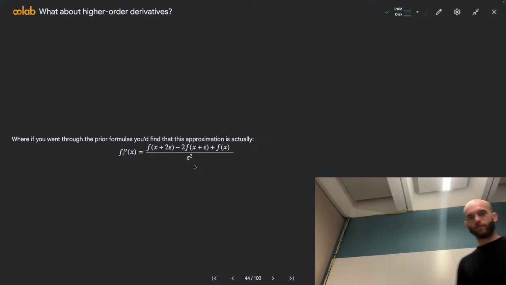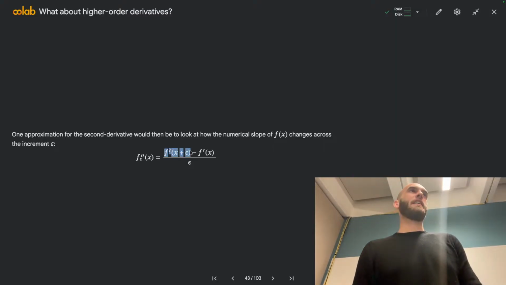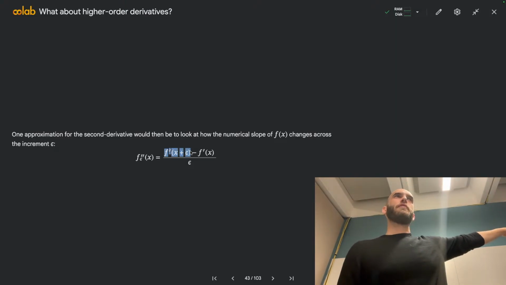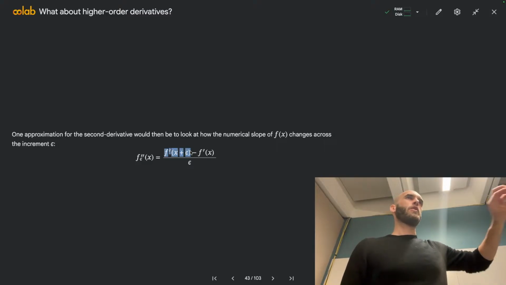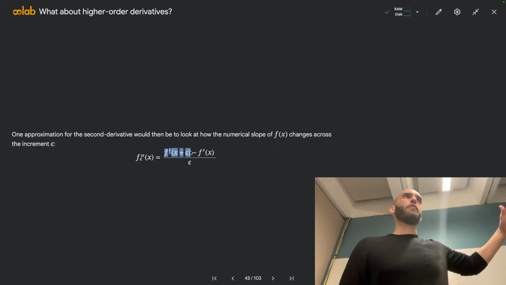If we go back one step, when I substitute this for our epsilon definition of f prime, we're plugging x plus epsilon into our derivative definition for the function itself.